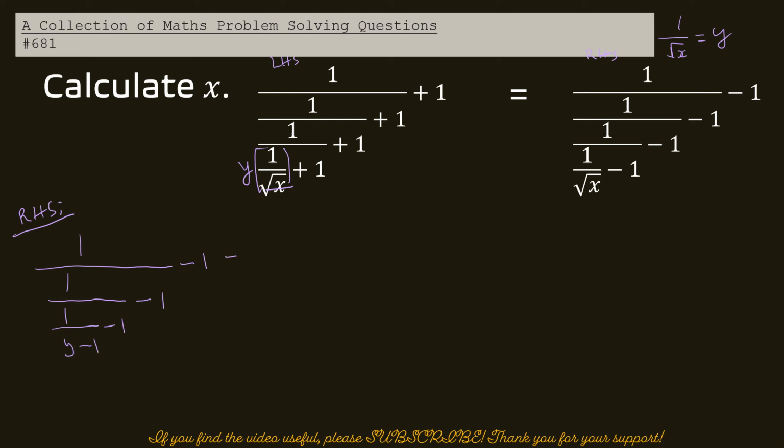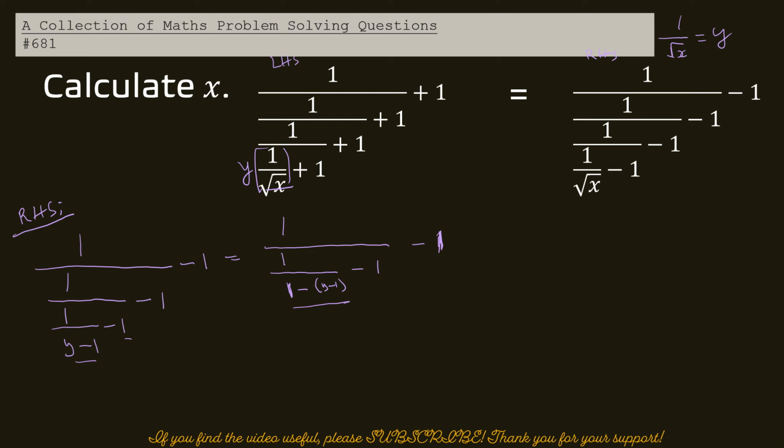So that is equal to 1 divided by 1 out of, minus 1, and then 1 out of minus 1, 1 minus y minus 1 out of y minus 1.